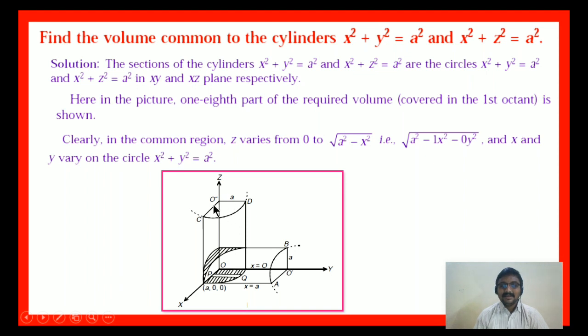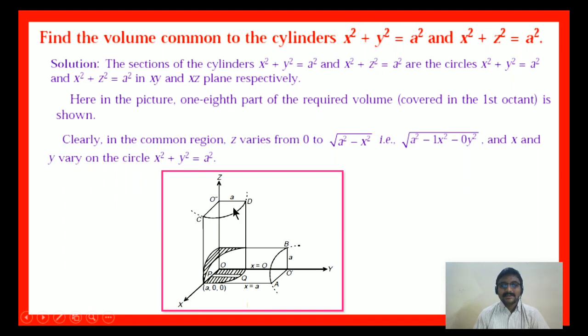The first cylinder is about the z axis, that is x square plus y square equals a square. Another cylinder is about the y axis, that is x square plus z square equals a square. These are the two cylinders, taken in the xy plane and xz plane respectively.